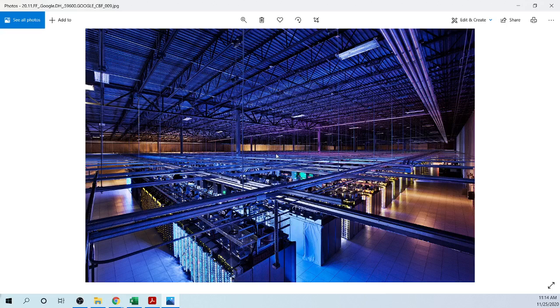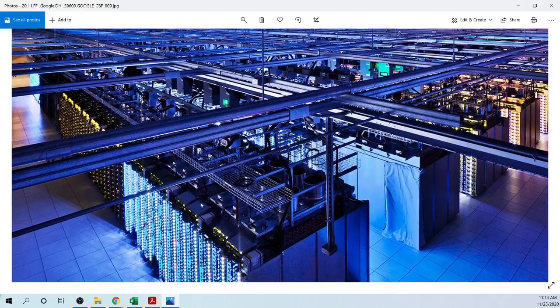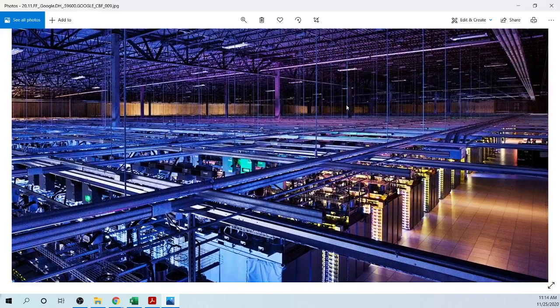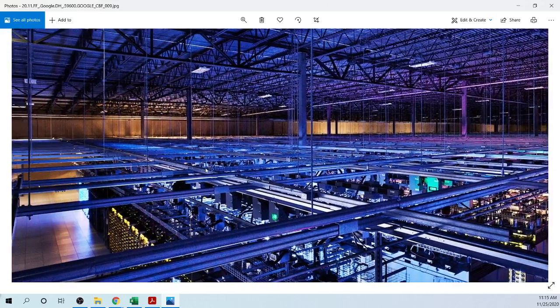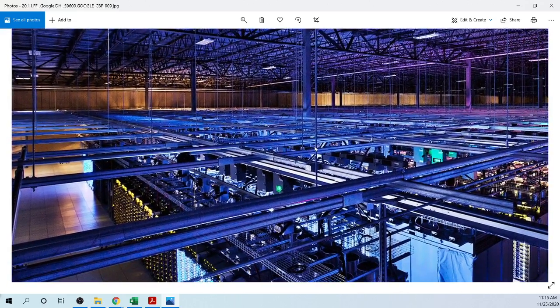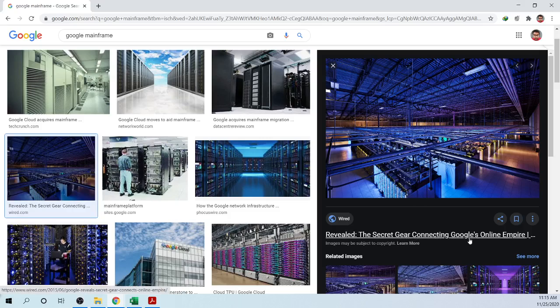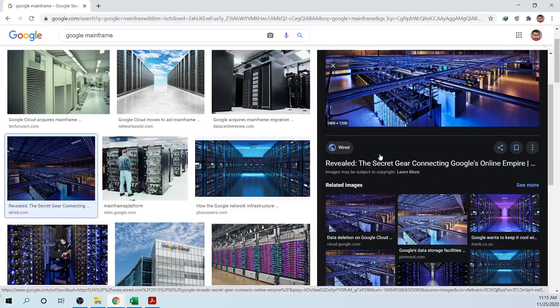And this is an example of an entire building that is being used to house a mainframe computer. So all of these are mainframe computers that would serve many users. I think that's Google's mainframe.